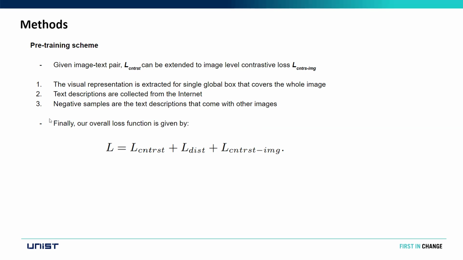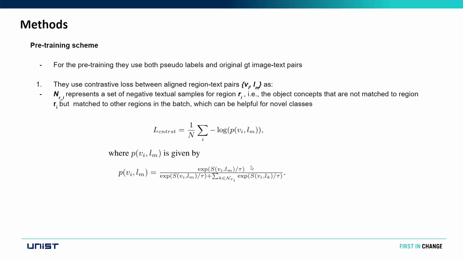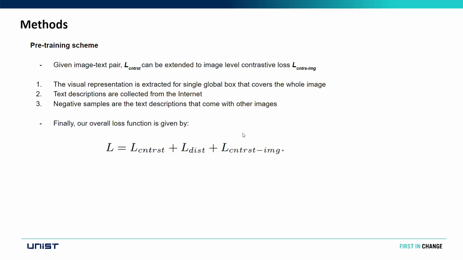They just say that the image is one region, and the descriptions that are ground truths for that image are prompts, and they apply the same loss. They calculate this contrastive image loss, and their final loss is the summation of all losses.